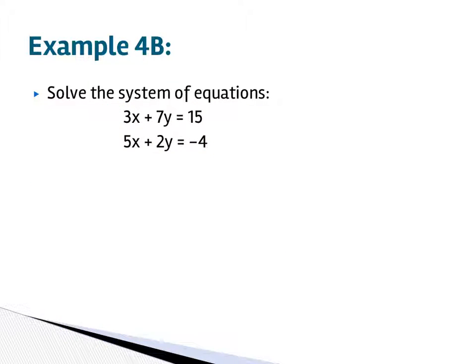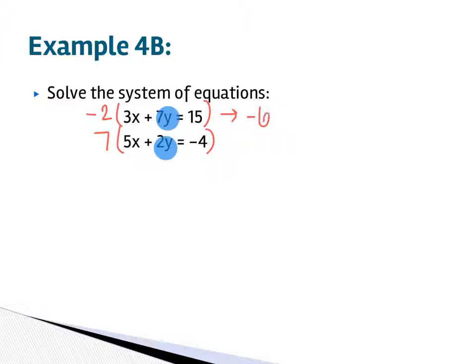Again, this is a good spot for you to pause the video and try this on your own. But I'm going to go ahead and solve it. I want to create opposites. So let's do the 7 and the 2. If I make those 14, I can have opposites. So I'm actually going to multiply the top equation by 2 and the bottom one by 7. And we have to make one of them negative, so I'll make the top negative.